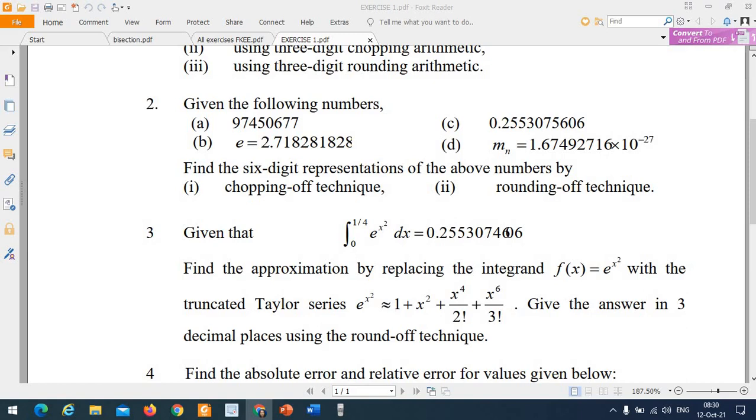Doctor, the number 4, I'm confused about that question. Yes, which question? Muhammad Faiz, which question?